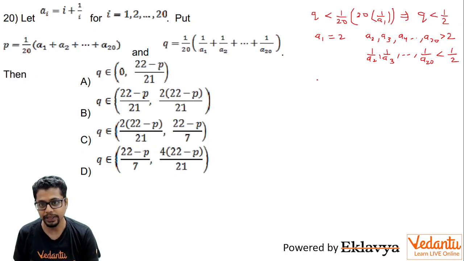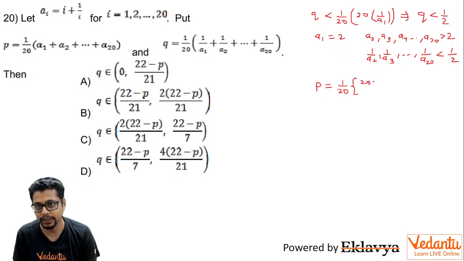Now coming to the P part, P is 1 by 20 times a1 plus a2 and so forth up till a20. Now a1, a2, a3 and so forth have two parts, the i part and the 1 by i part. If I add the i part, it is the sum of the first 20 natural numbers, which will be 20 multiplied by 21 by 2.